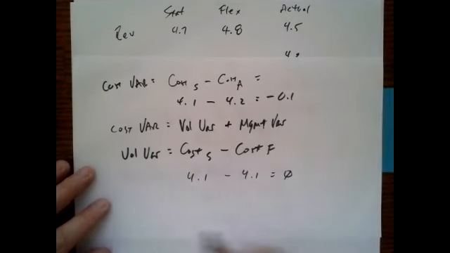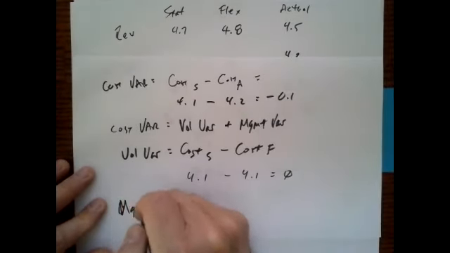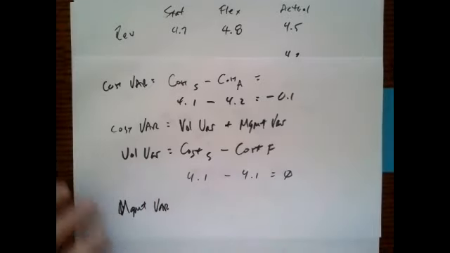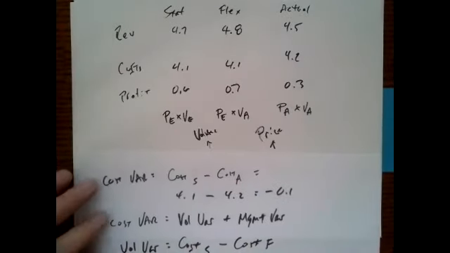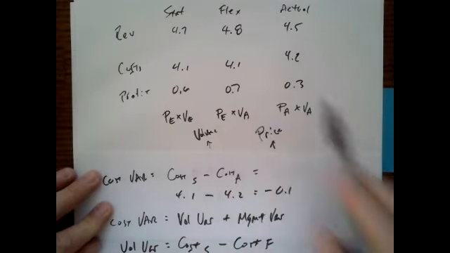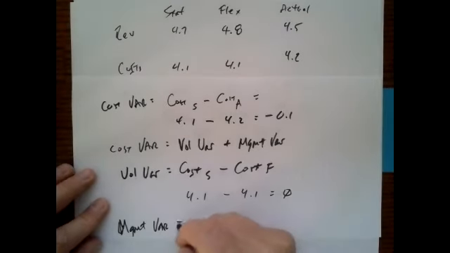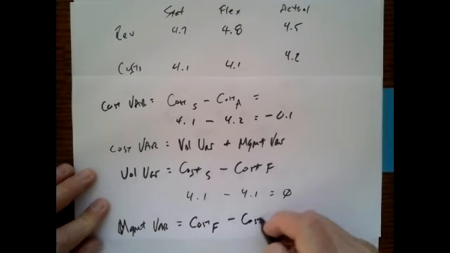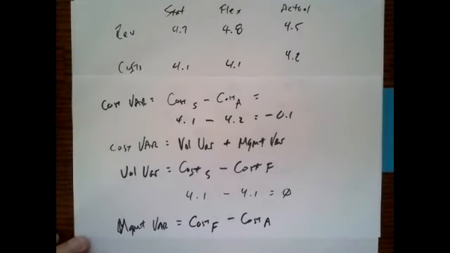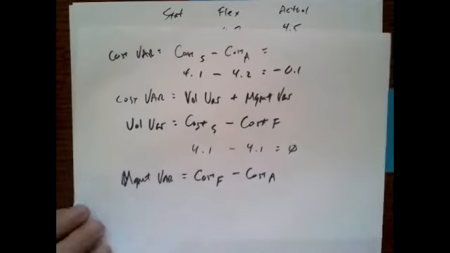Our price variance then, or management variance, is going to be the two columns that allow price to vary and hold volume constant. So that's going to be flex and actual. So we're going to take cost flex minus cost actual, and cost flex is 4.1, cost actual is 4.2.